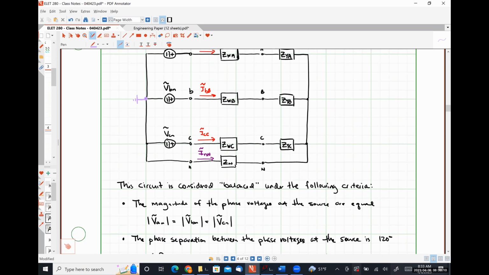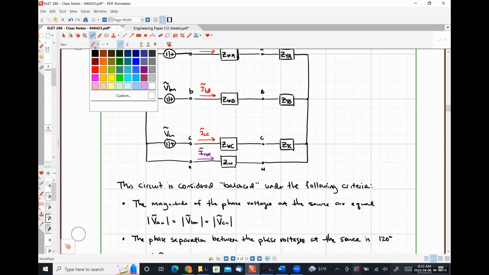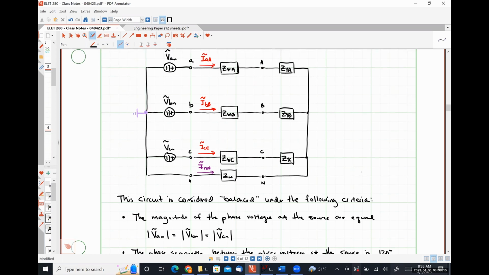So if I were to write a Kirchhoff's current law equation for the neutral node on the right-hand side of my circuit, I'm just going to have that line current IAA plus that line current IBB plus that line current ICC plus that neutral current all add together and come to zero, because Kirchhoff's current law says all of the currents entering a node have to sum together and make zero.